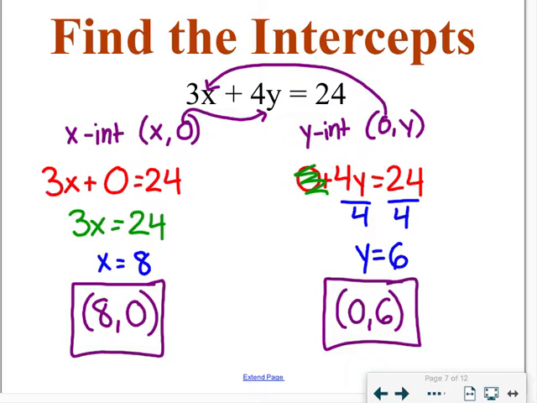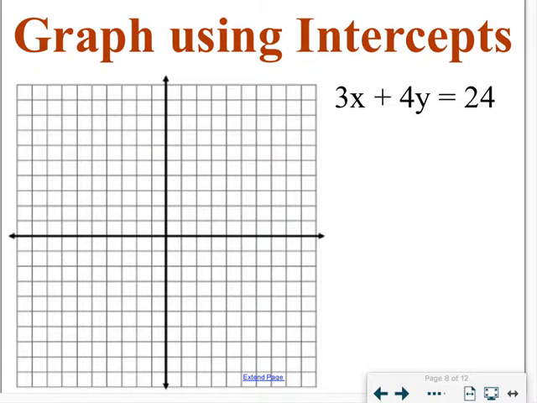We can use these 2 points to graph the line. All you need in order to graph the line is 2 points, and we have 2 ordered pairs. So we figured out already that our x-intercept is 8, 0, and our y-intercept is 0, 6. In order to graph this, you simply put those on the graph.